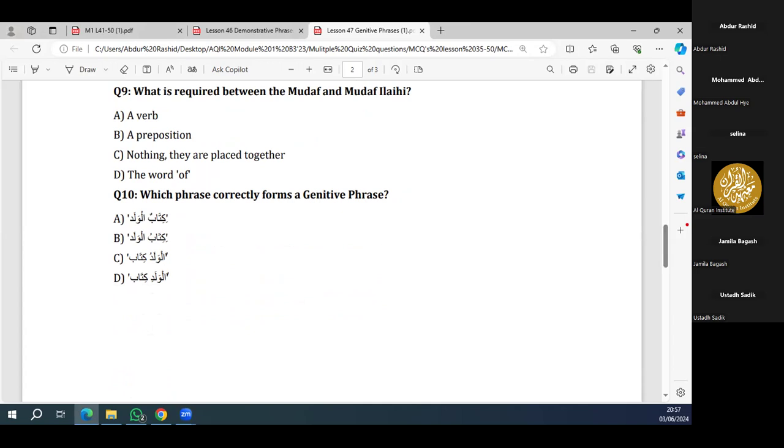But the most correct answer, according to our teaching and our PDF material, is possessive phrase, so the possessive word is more appropriate, which is C, although we use the word owner as well. So I will now change this answer to both A and C. I will do this, Sister Selina, okay?